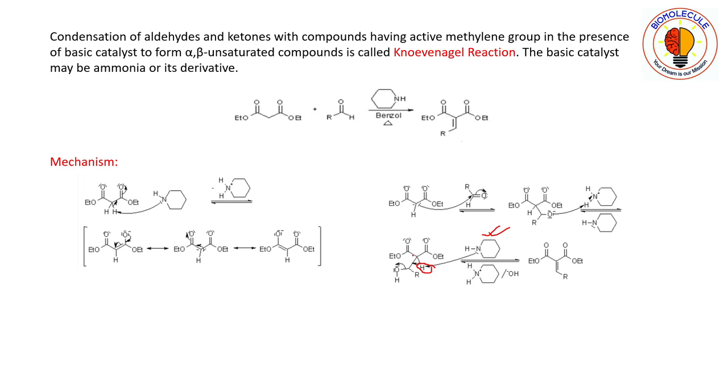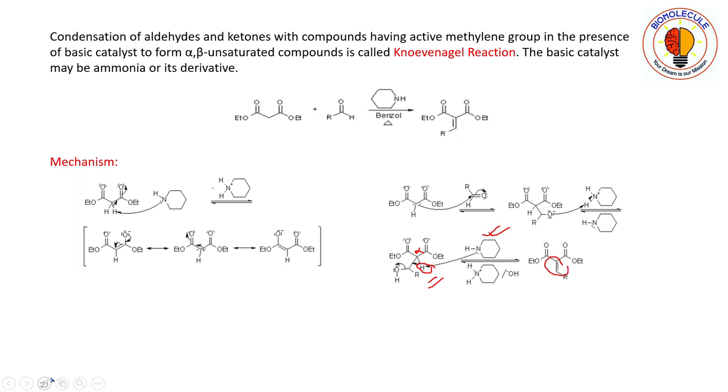Since this alpha carbon, that is the methylene carbon, has acidic protons, the second proton is taken by another molecule of base, or the same base you can say, and we are getting a double bond over here.